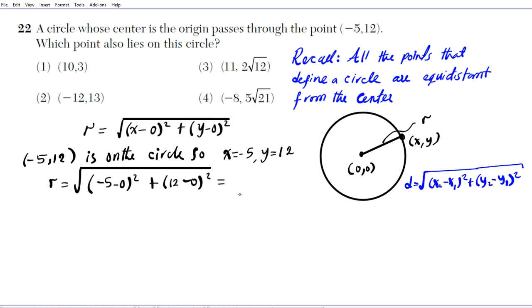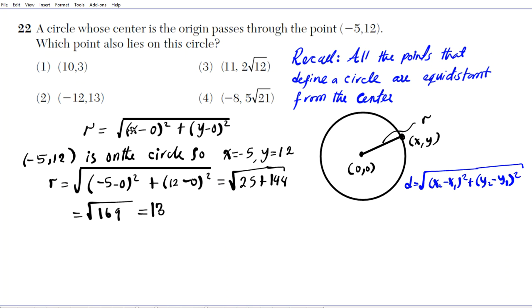So negative 5 minus 0 is just negative 5. When you square that, you get 25. Plus 12 minus 0 is 12, squared is 144. You add that together, you have the square root of 169, which is 13. We have a radius of 13, okay?